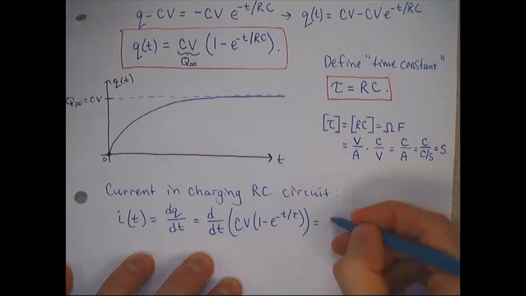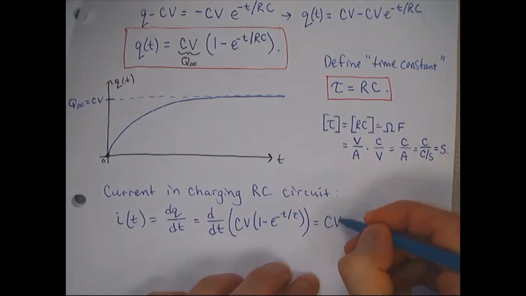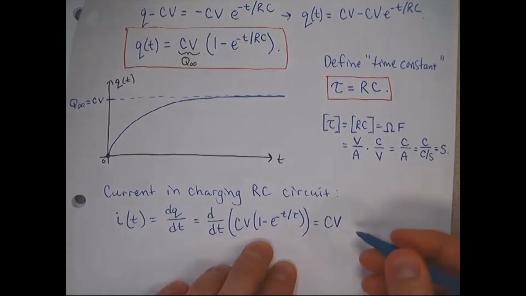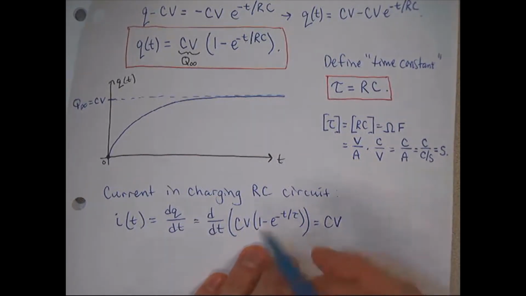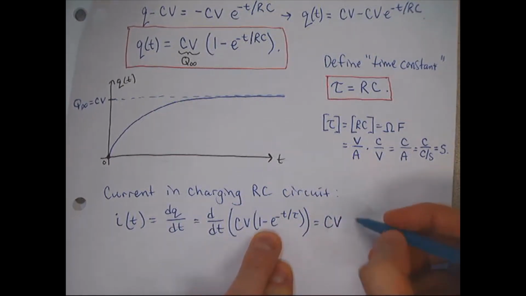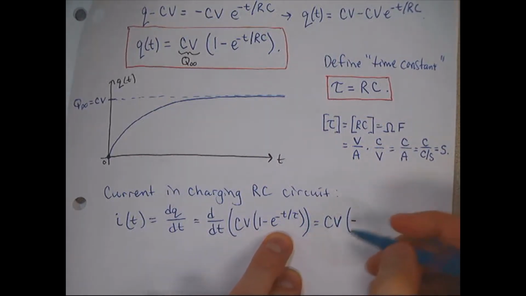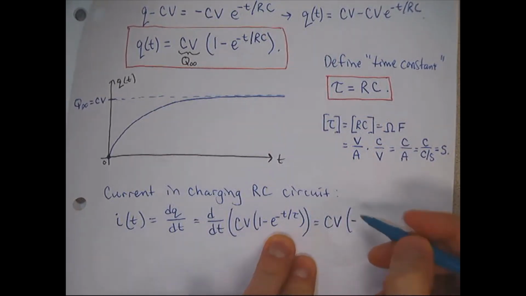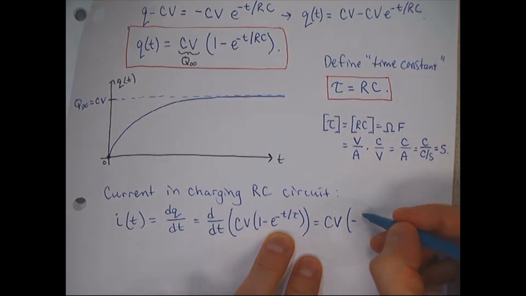All right, CV's constant coming out front. I have the time derivative of 1, 0, minus the time derivative of e to the minus t over tau.